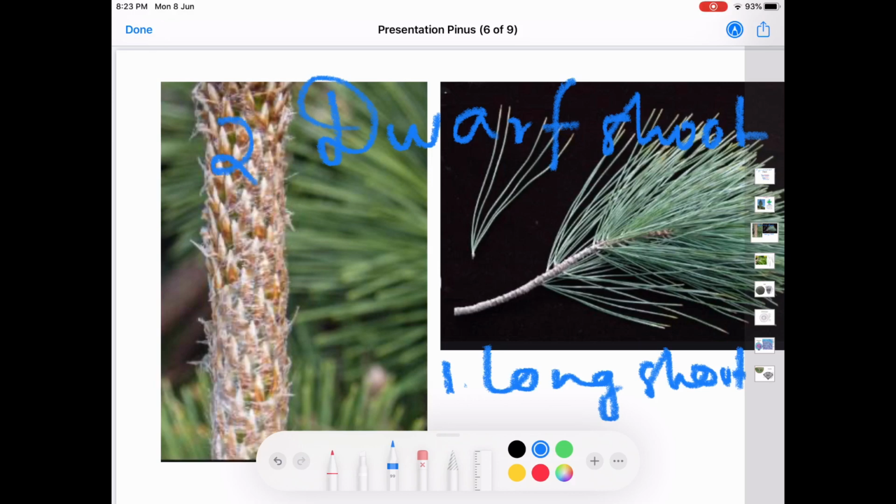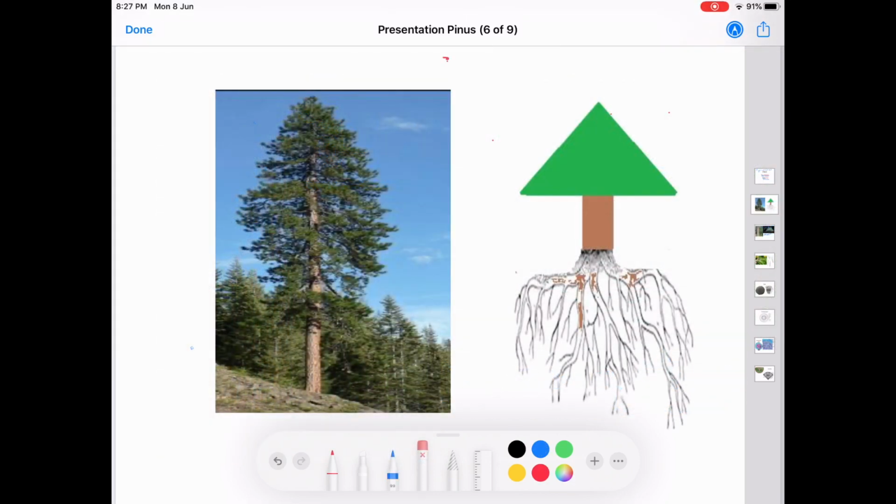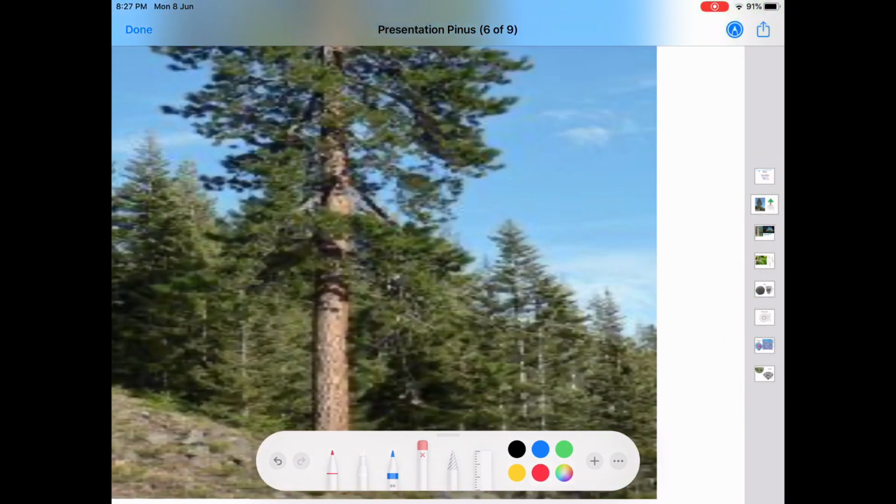The long shoot is otherwise known as the branches of unlimited growth, and the dwarf shoot is otherwise known as the branches of limited growth. The long shoot or branches of unlimited growth are arising from the axils of the scale leaf on the main stem.